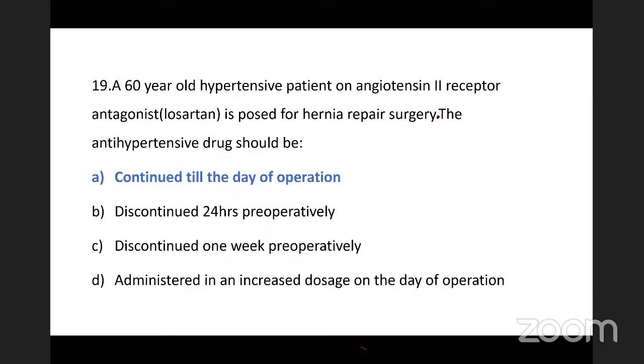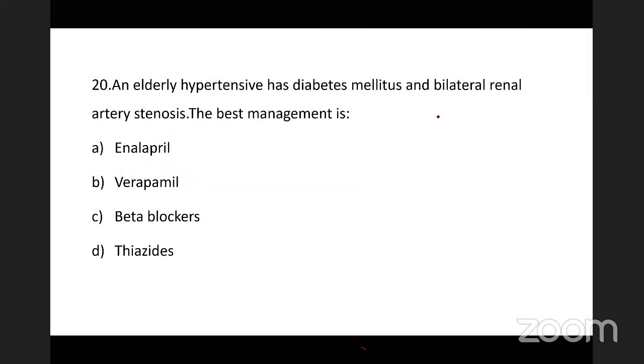That's the answer. An elderly hypertensive has diabetes and bilateral renal artery stenosis. Among the following options, which is the best management? Of course, ACE inhibitors or ARBs are beneficial in diabetes, but contraindicated in bilateral renal artery stenosis. Beta blockers increase the risk of masking the warning signs of hyperglycemia, so they cannot be used in diabetes.